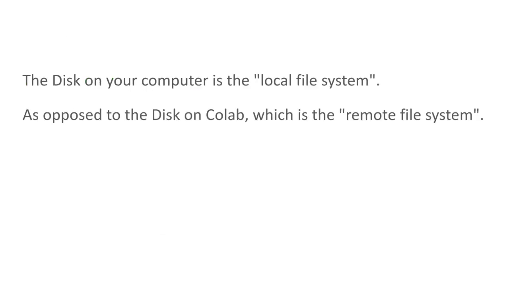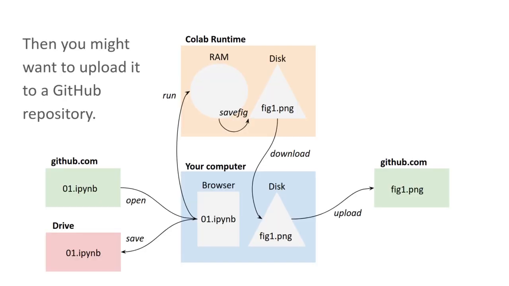One piece of vocabulary that might help you think about this, the disk on your computer is the local file system, and the disk on Colab is the remote file system. So download in this case means that you're taking something from Colab and downloading it to your local file system.